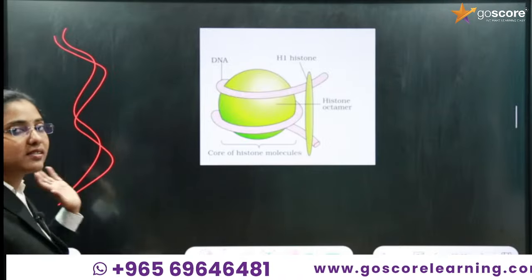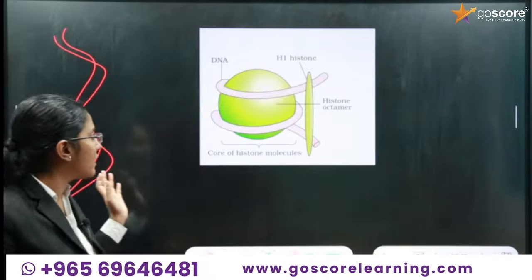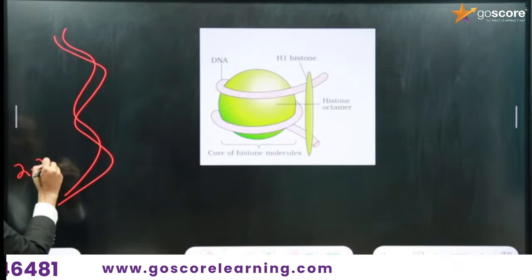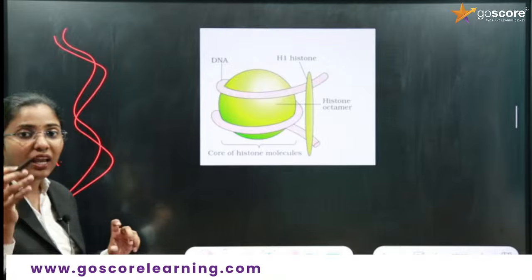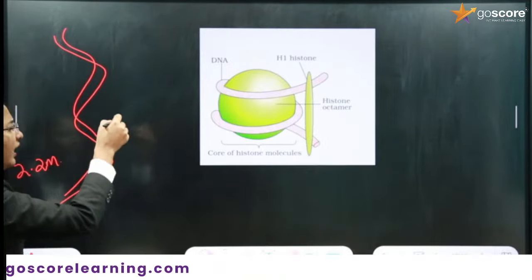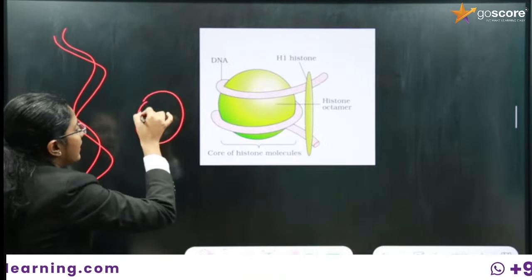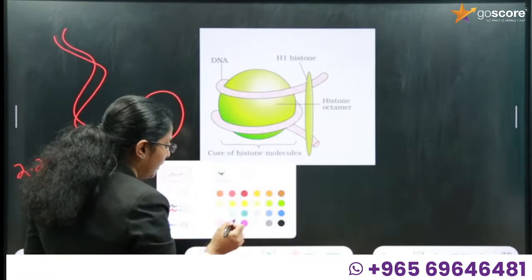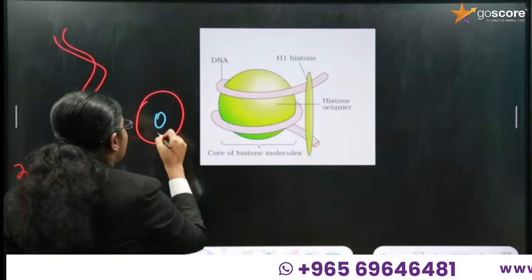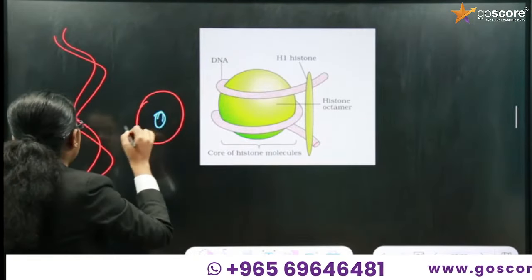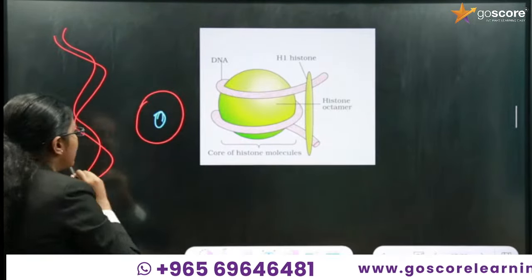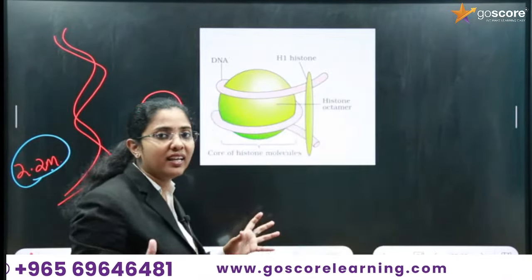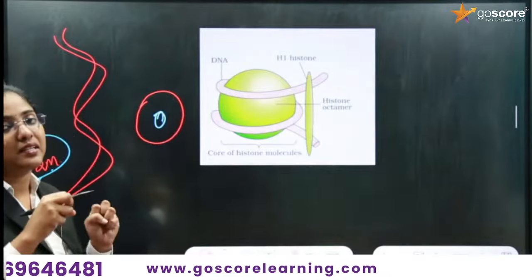This is the double-stranded DNA, and as I have mentioned, it is 2.2 meters. In every cell, what is present? The nucleus will be present. Inside this nucleus, this 2.2 meter long DNA has to be condensed.